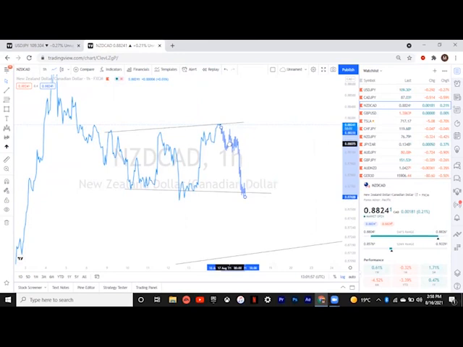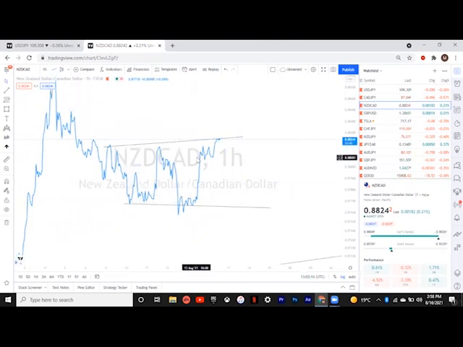So this is likely to form. It might form this head and shoulders here, and then go to the downside. That's one outcome.